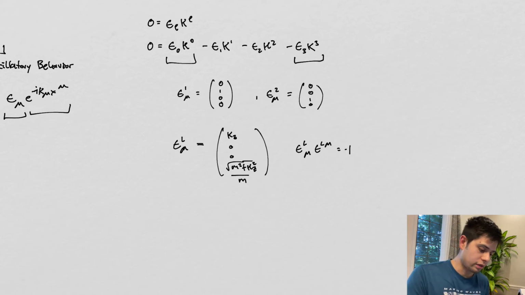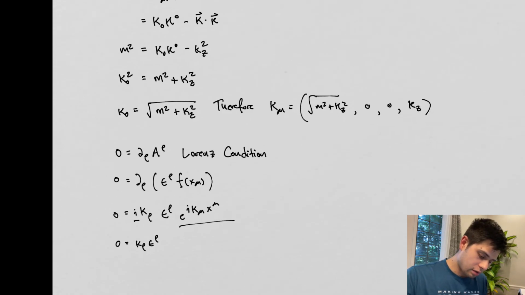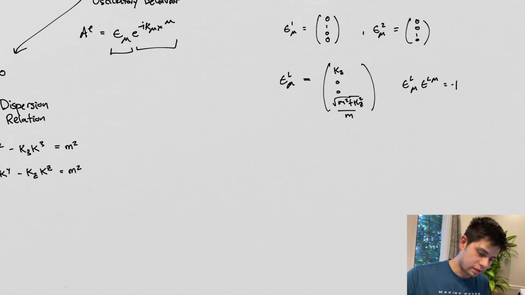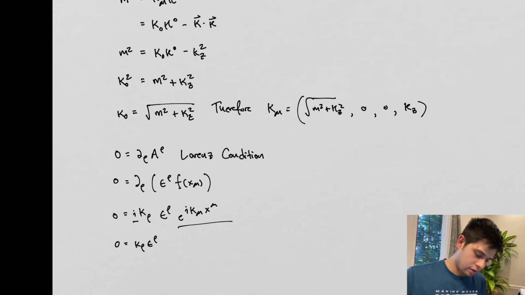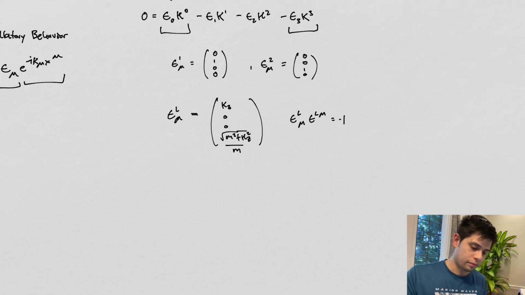All you have to do really is take this and put it in here, for here, right? If we do that, then we'll find out that these have to normalize to -1.